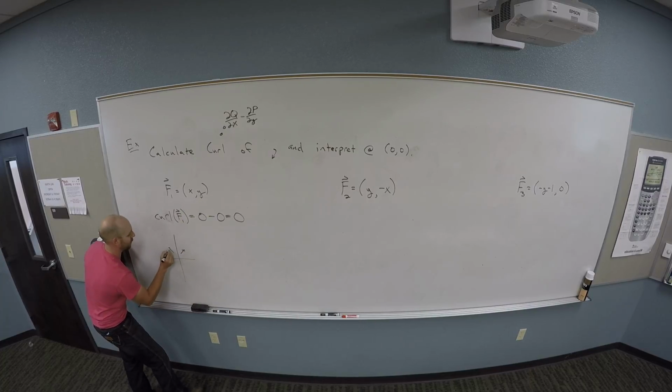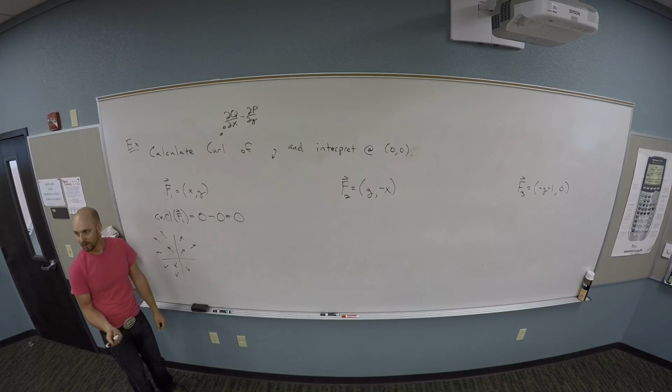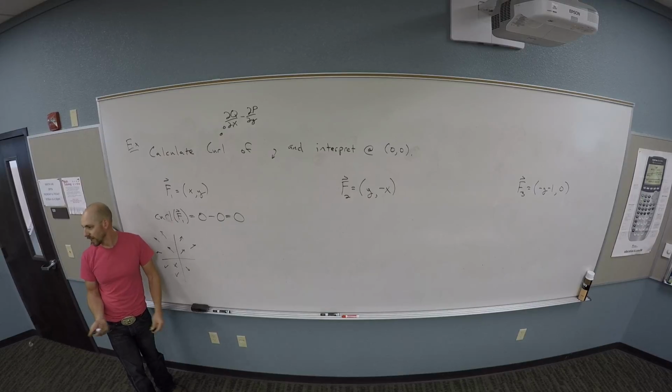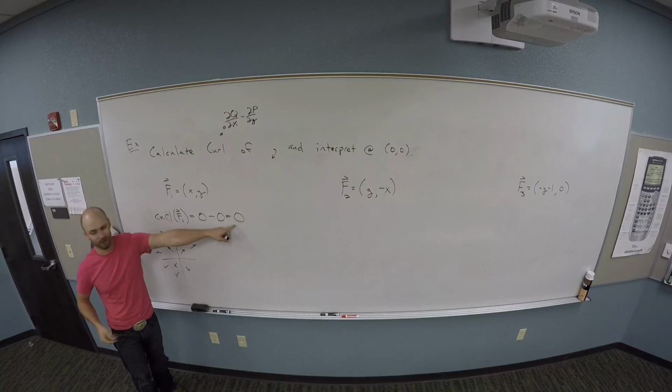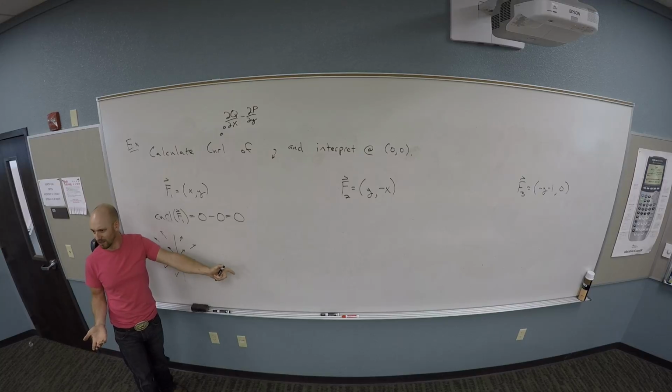So how much tendency is there to spin anywhere? There isn't any, right? And where's that pinwheel? If I thought about the pinwheel in here, I'm not getting a vector here. You guys see that? So where is the vector? It should still be there.